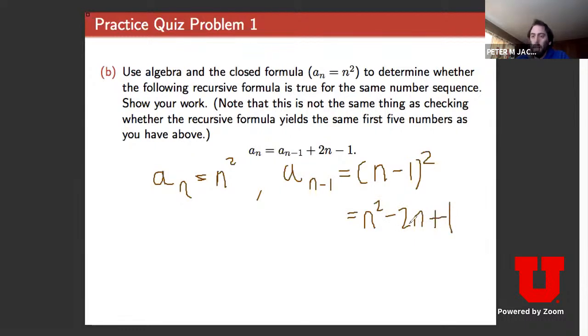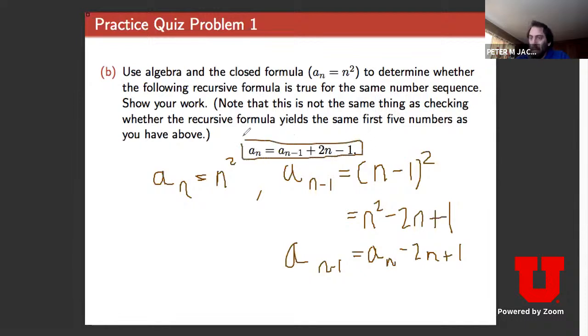And that's good because n squared again is an. So let's rewrite this as an minus 2n plus 1. All right, so this is an minus 1. And then moving the minus 2n plus 1 over to the other side, we see that we actually do get this relationship.